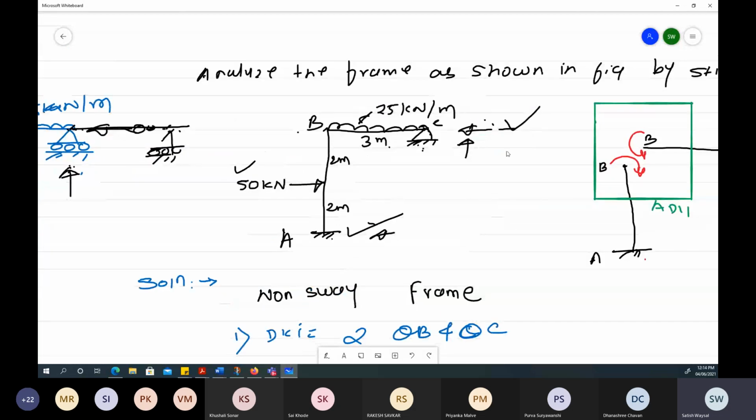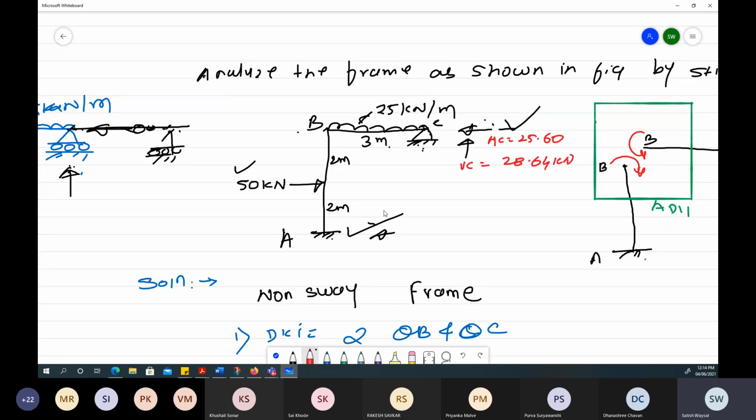Whatever reactions we got here, HC is equal to 25.60. You can check this. Vertical reaction at C is 28.64 kilonewton. The horizontal reaction here is 40, the vertical reaction here is 46.36, and the moment I think is already calculated, 24.18.